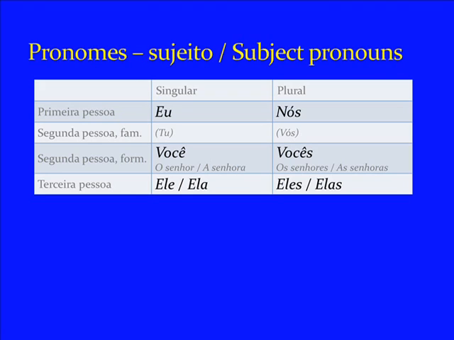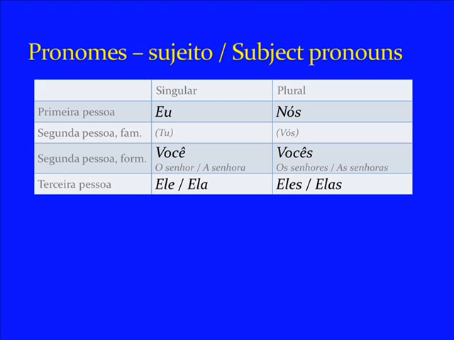To say we, first person plural, nós. To say you all, you guys, right? The plural you, I would say vocês. And then to say they, if it's an all-male group, eles, or if it has men and women, eles, or if it's an all-female group, I could say elas.